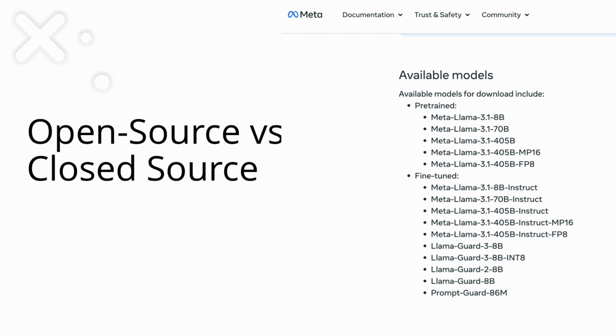Pre-trained models, which Meta has released, or every company does that, are the first step of the process. In that step, it is as simple as predicting the next token based on its pre-training. It was trained on a large corpus of data from the internet, and what it is doing is predicting the next token. So if you ask a question, it will respond with a question, not with an answer.